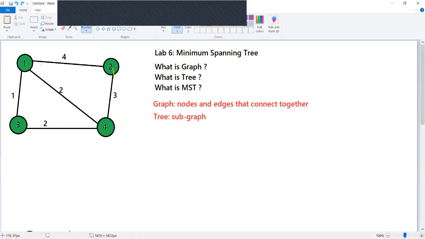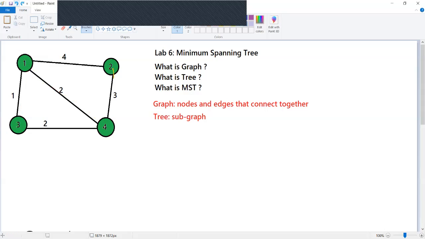Okay, so now, the minimum spanning tree also has some criteria that you need to be careful about. So you see a tree, you can form a tree like this, right? From 3 to 1 to 4. It only goes over 3 cities, 1, 2, and 3, right? That's a tree.